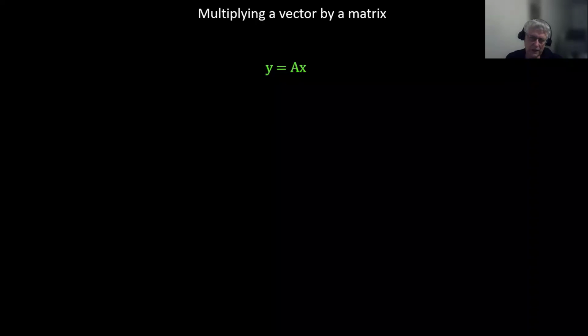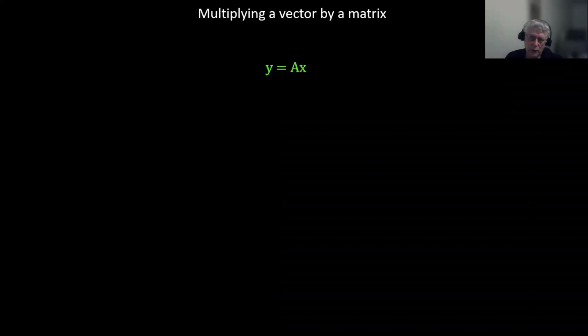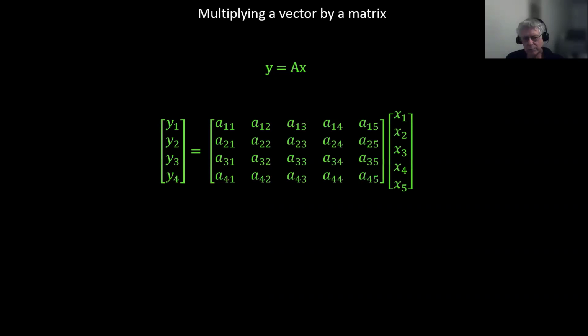A is a matrix. Now, normally with vectors, we use a small letter to represent the vector, bold, and we use a large letter to represent the matrix, also bold. So y equals Ax. Let's write it explicitly. Here's our vector y, 4 elements in this case, my matrix A and our vector x. Now, certain rules apply. If we're going to multiply a vector by a matrix, we've got to get the rows and columns right.